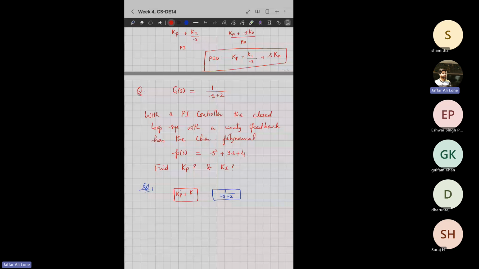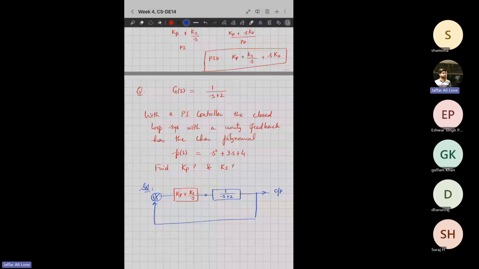This is my PI controller. Then it is saying unity feedback. This is my output. Unity feedback means I'm doing nothing, just feeding it back with a minus sign. This is my input signal, R(s).